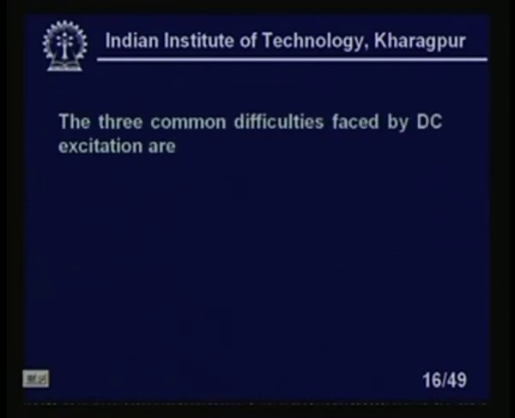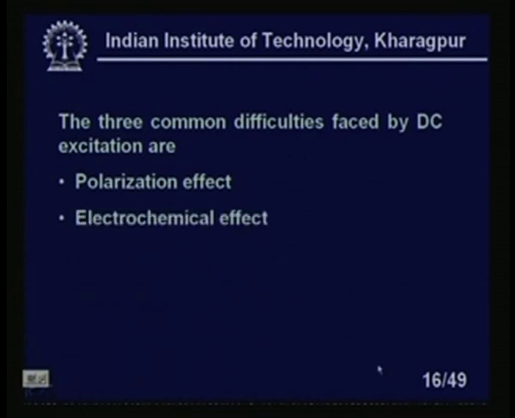The 3 common difficulties faced with DC excitation are, first, polarization. Any DC has a polarization effect; this is a very typical problem whenever you use any DC. Second, there is the electrochemical effect, because if there are liquids, there is a chance of electrolysis. So the positive ions will move to one side and negative ions to another side.